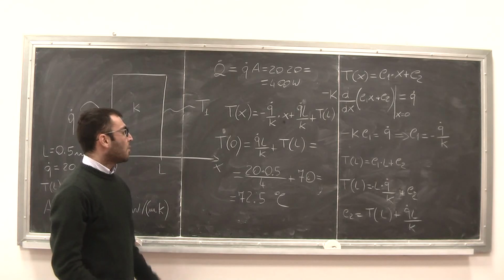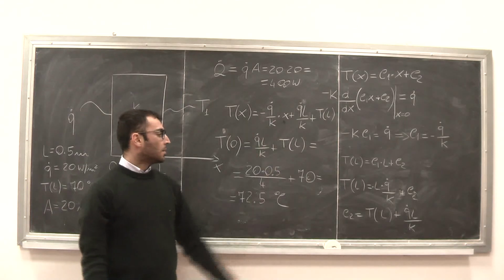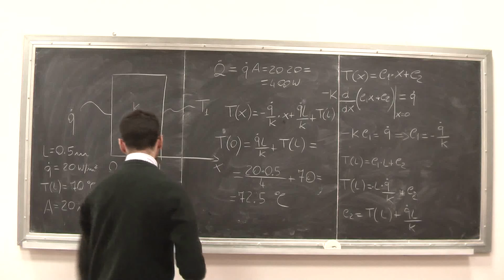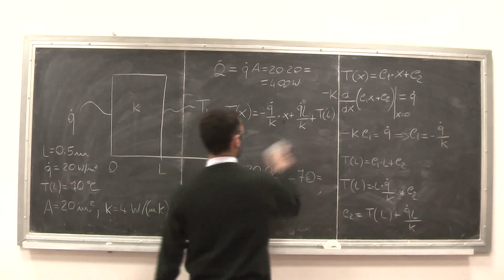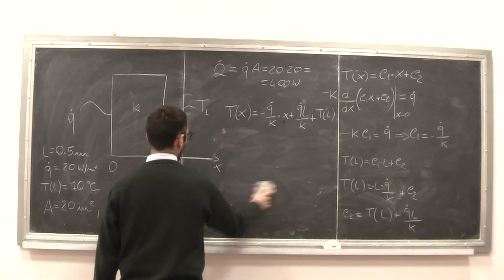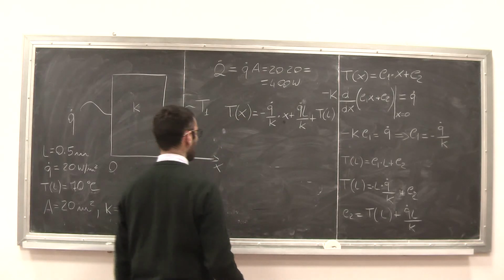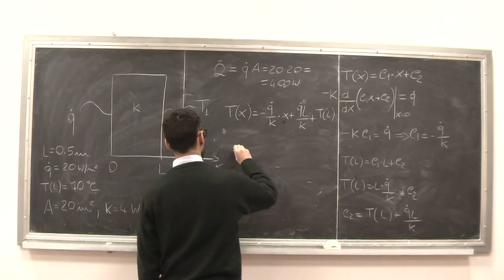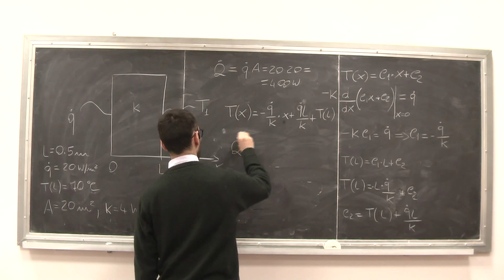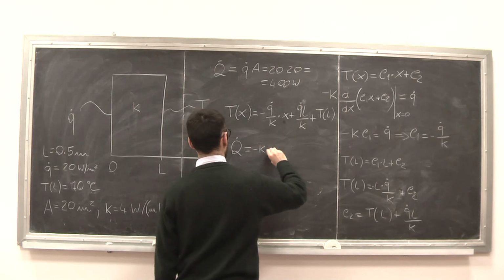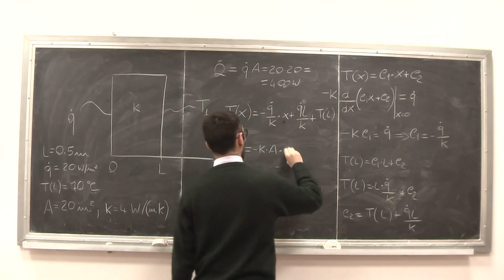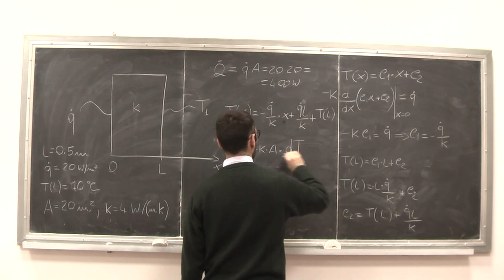Another way could have been to apply the Fourier law, but of course it is more complicated, but anyway it is also acceptable because you could have written Q dot equal minus k times A times the derivative of temperature with respect to x.